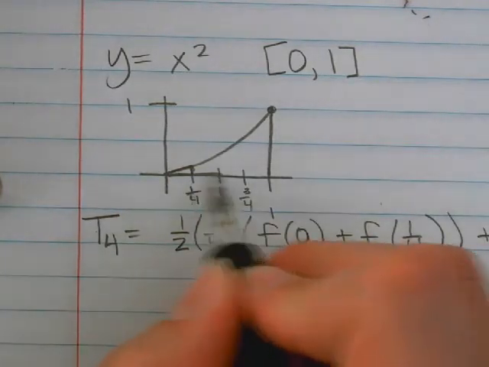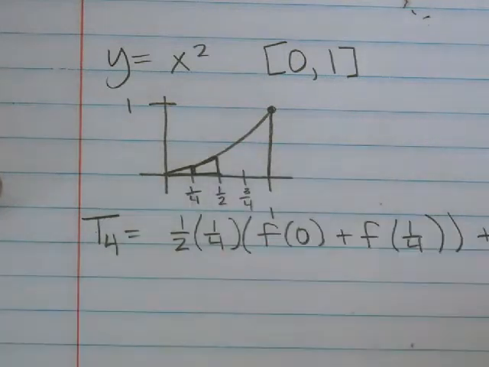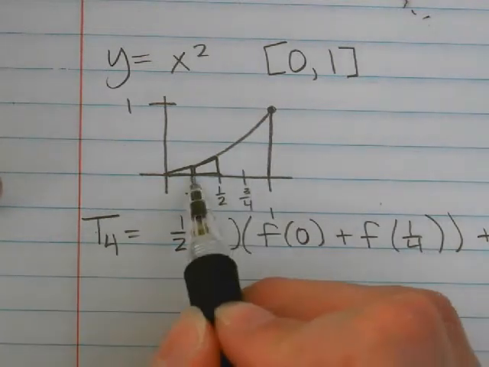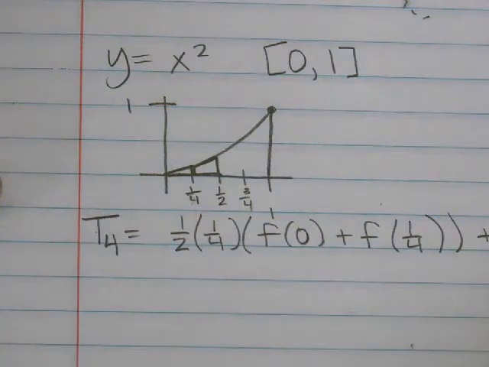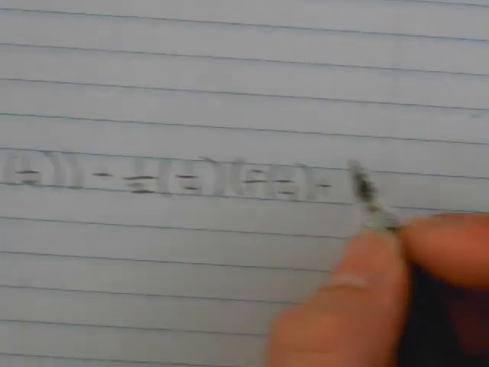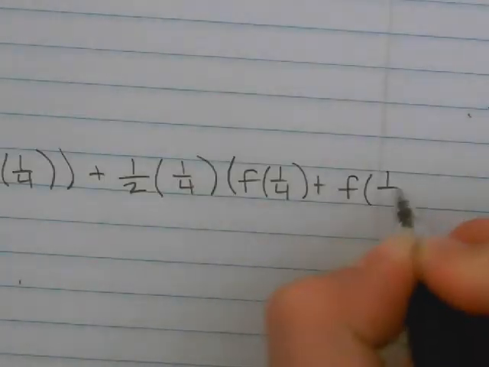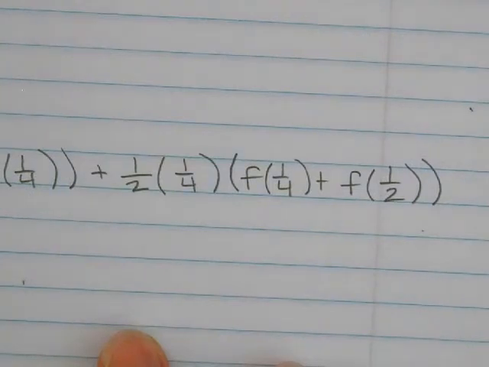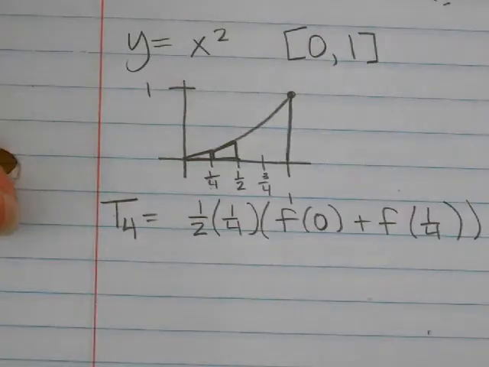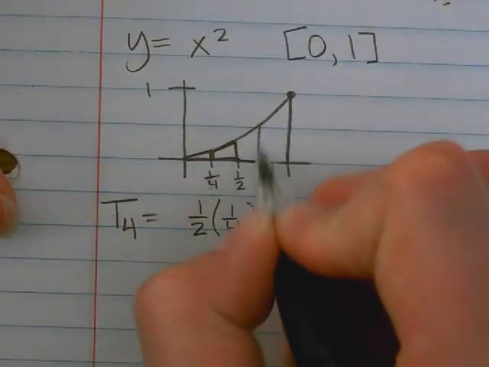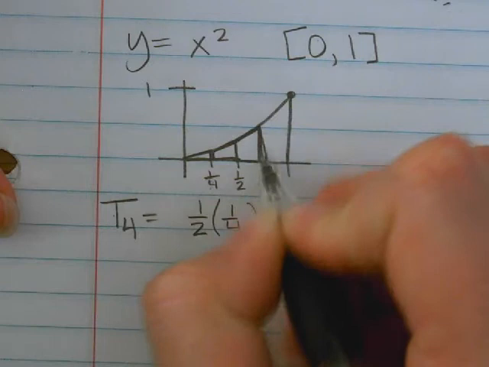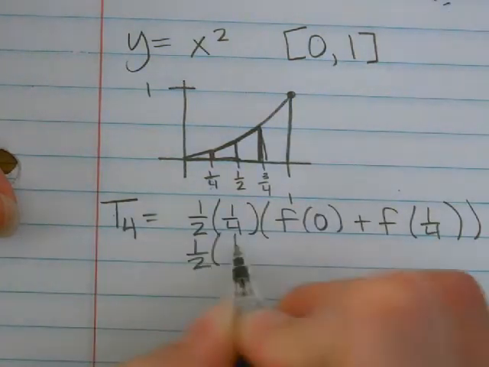The second trapezoid right here, the height is 1/4 again. So 1/2 times 1/4. The left base is what I get when I plug 1/4 into the function. The right base is what I get when I plug 1/2 into the function. So there's my second trapezoid. The third trapezoid also has a height of 1/4, so I've got 1/2 times 1/4.